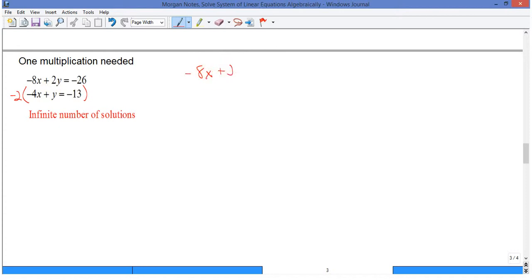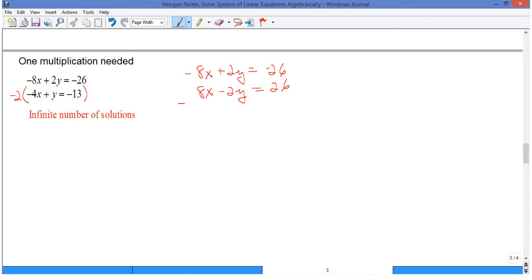The first equation doesn't change. The second equation will be negative 2 times negative 4x. That's positive 8x. Negative 2 times y is going to be negative 2y. And negative 2 times negative 13 is a positive 26.